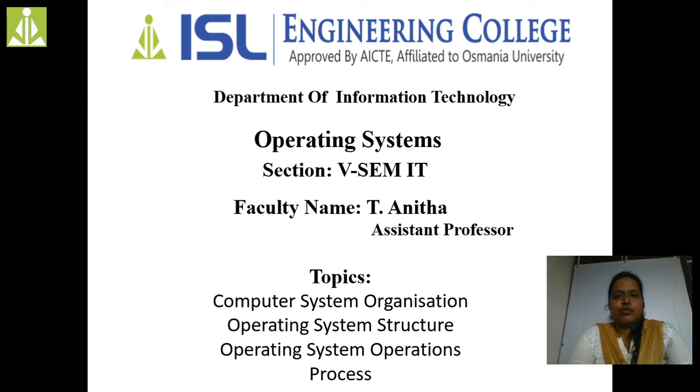So what is the computer system organization? As we know, input devices, hardware, memory, CPU, all these are the parts. How we organize all those things in order to have a better execution environment, that is the computer system organization. And next one is operating system structure.